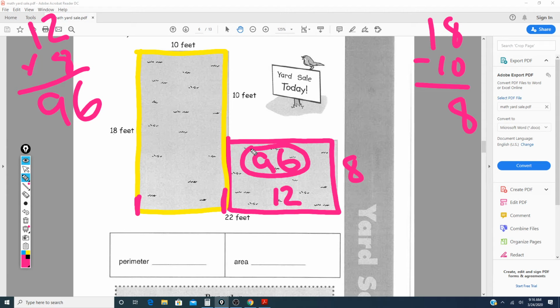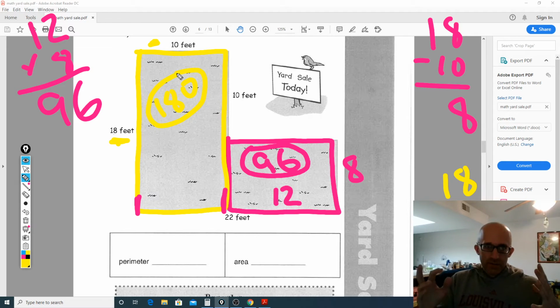And in the yellow rectangle, we find our 18 and our 10. Well, 18 times 10 is going to be 180. So the area for the yellow rectangle there is 180. And simply put, you are adding both of those together.